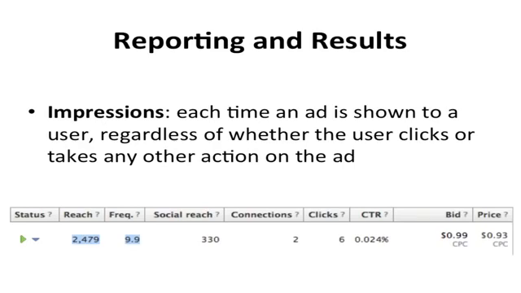But that's not how many impressions. The impressions are 2,479 times the frequency. So it's appeared on people's pages 9.9 times on average. As you can see down the bottom, it's a reach of 2,479 times the frequency. So I've actually had 24,542 impressions of this ad.